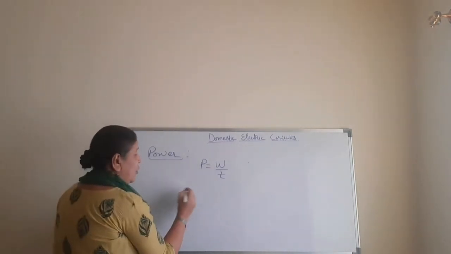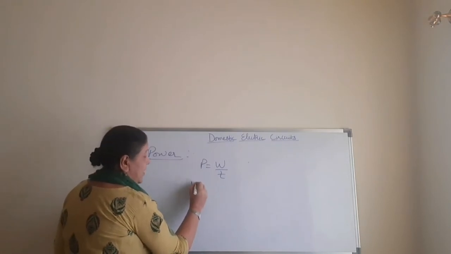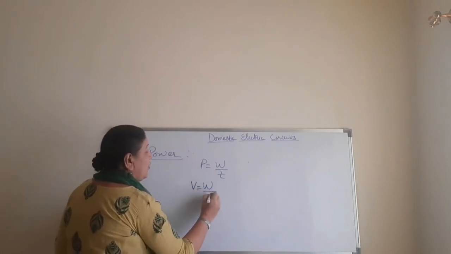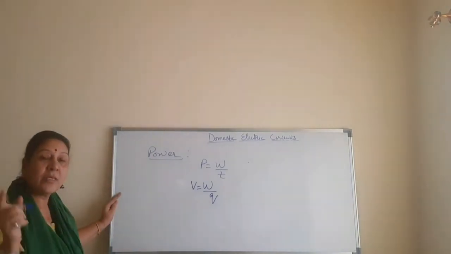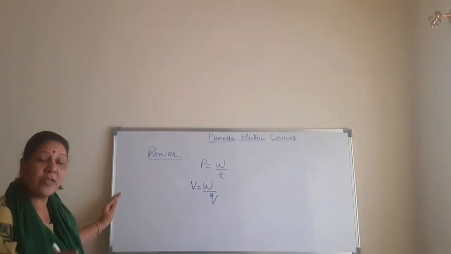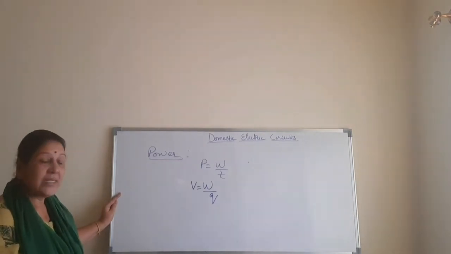I can write, we know that V is equal to W upon Q. Remember? The amount of work done to bring unit positive charge from one point to another is called the voltage or potential difference.